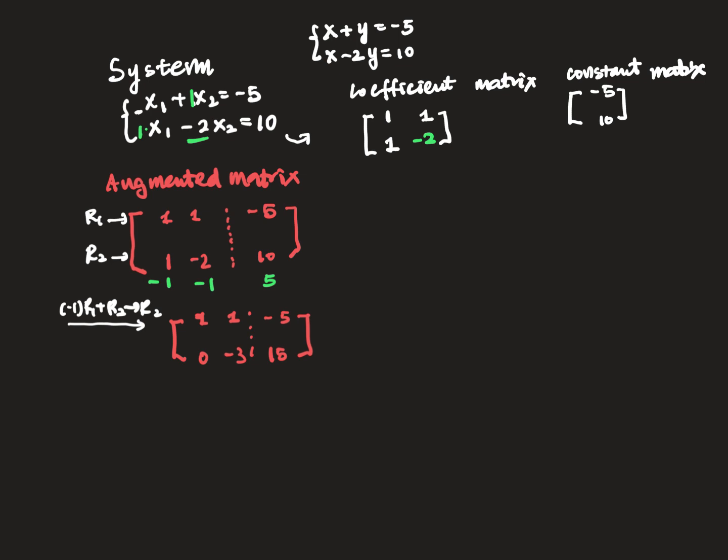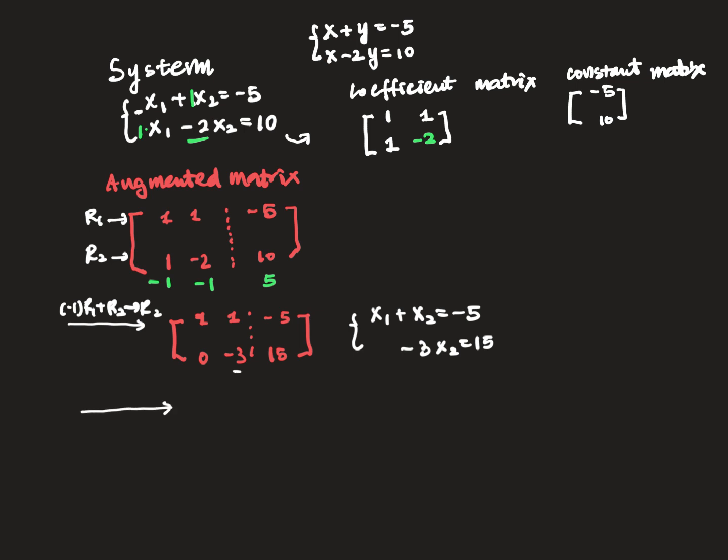So let's change this back to equation form. This one is x1 plus x2 equals -5. This one is -3x2 equals 15. Next step is we're going to make this entry 1.